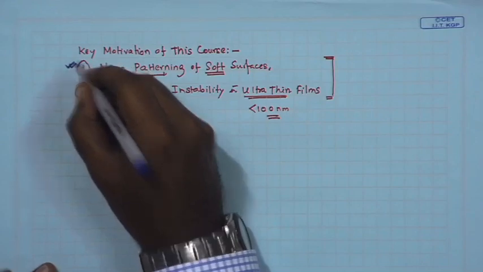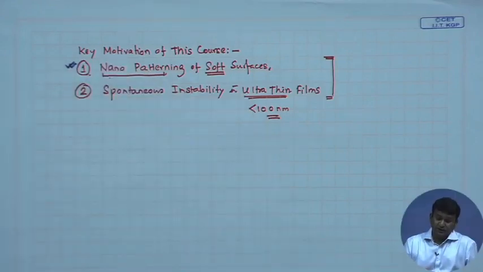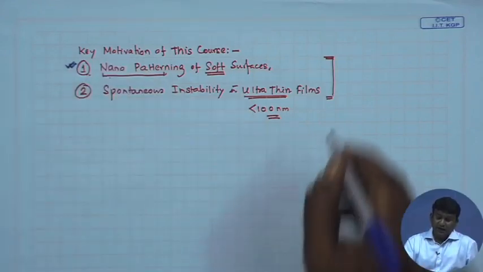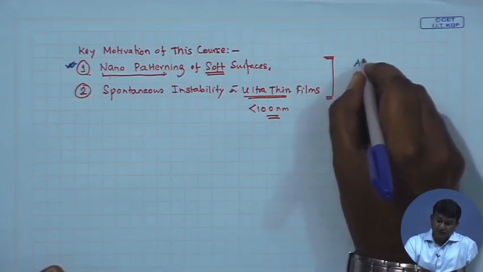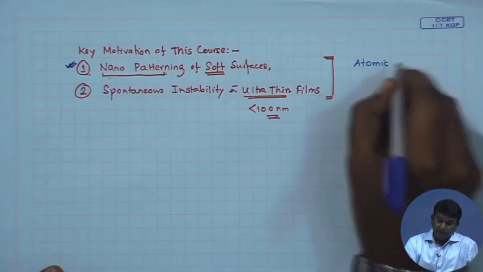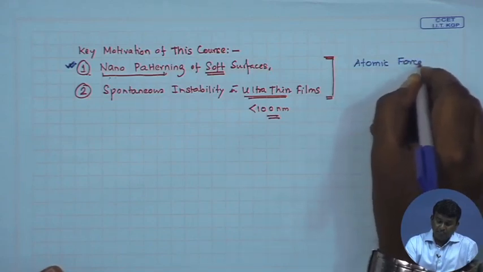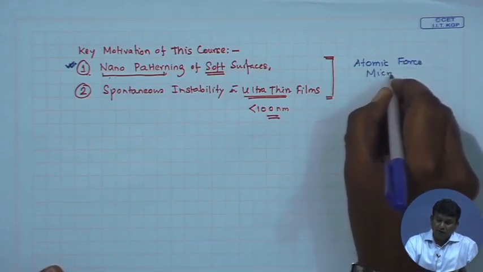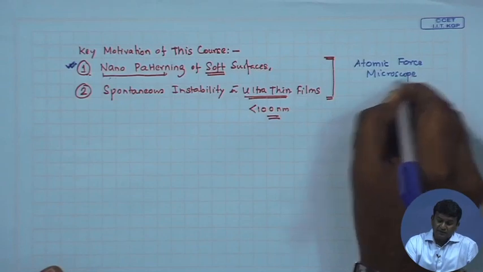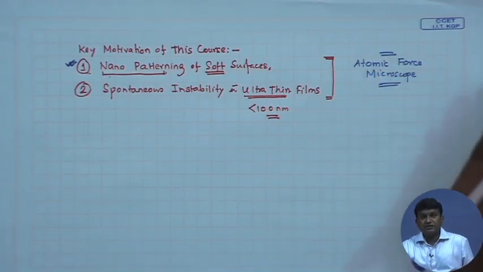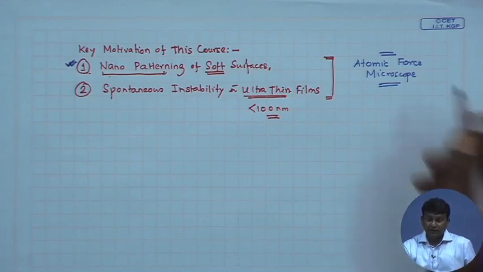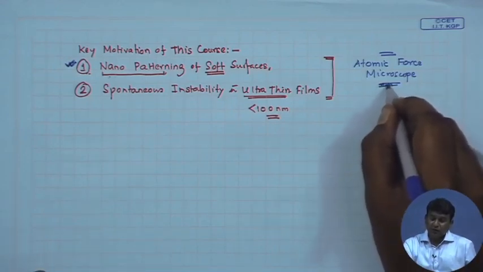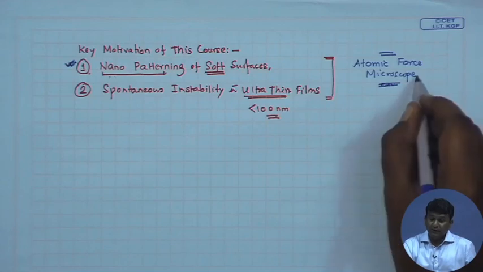In fact, this is easier. So, we will start off with this one after we are done with certain basic concepts, and then in both the cases we will also need the atomic force microscope, because you may feel that you have made some nano patterns, but it is extremely important for you to see how the patterns actually look, and that is where your AFM will help you significantly.